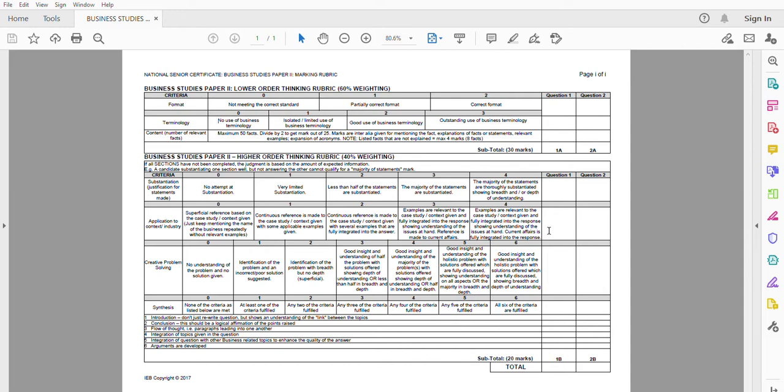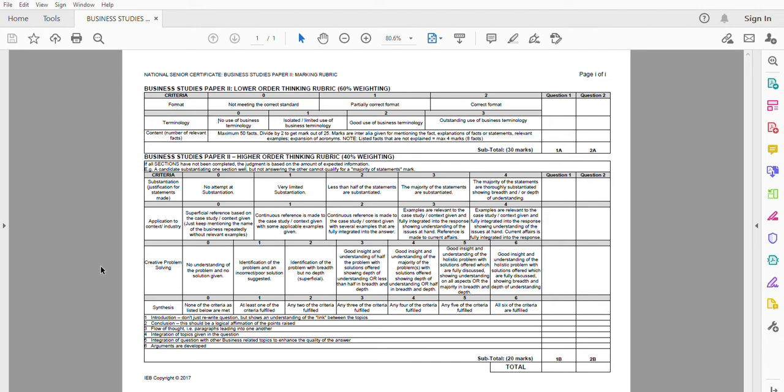So this is a really well-deserved 4 marks, because there's quite a lot expected of you in terms of beefing up your answer through relevant examples, through an understanding of the environment, of the industry, of current affairs, and linking all of those things to the situation or the predicament the client or the firm that's asking you for help finds themselves in. So it's very, very well-deserved 4 marks.